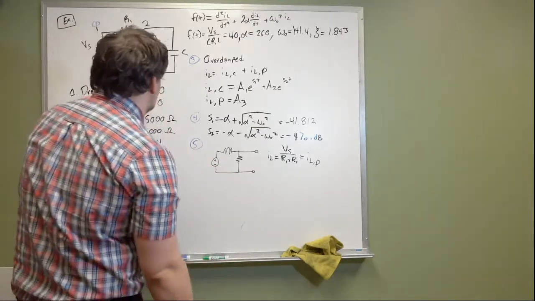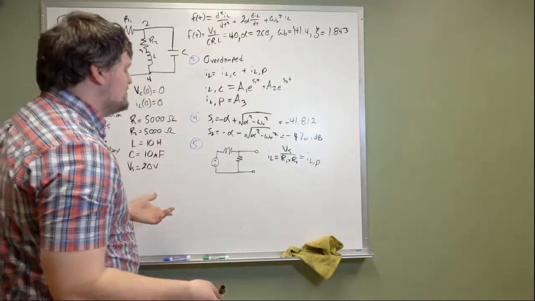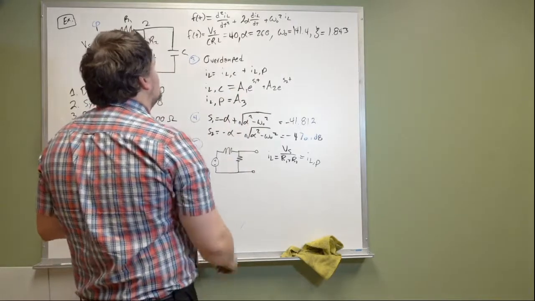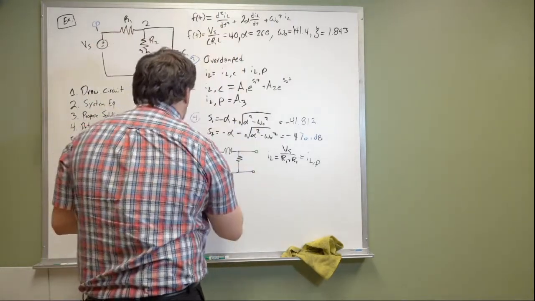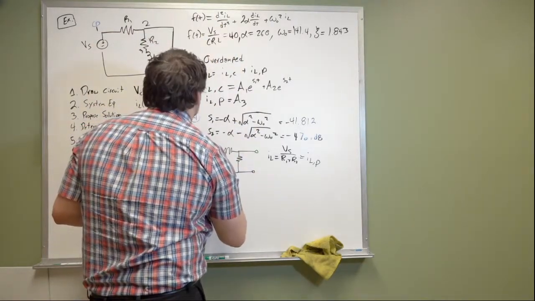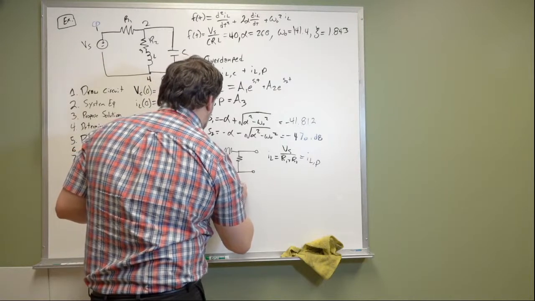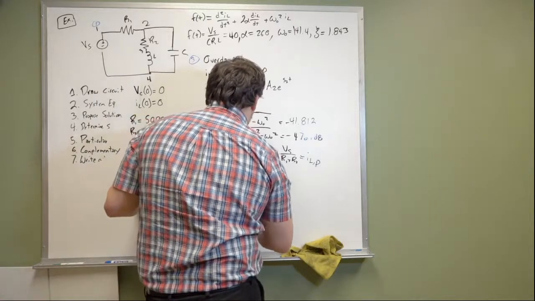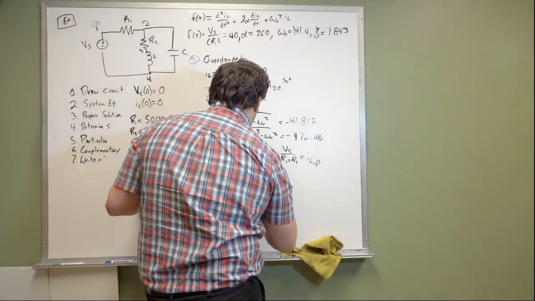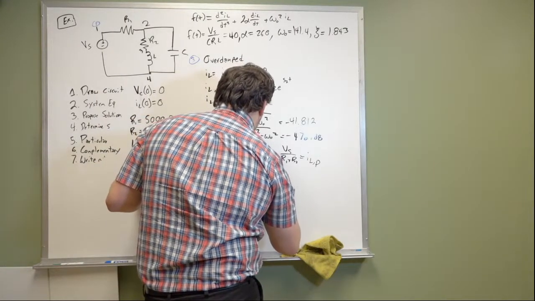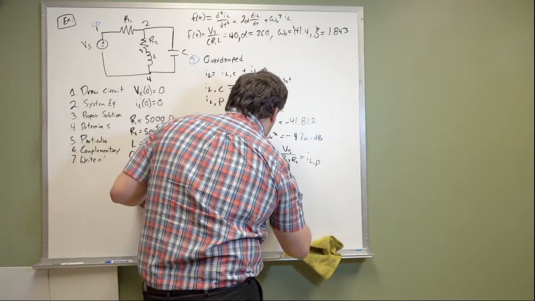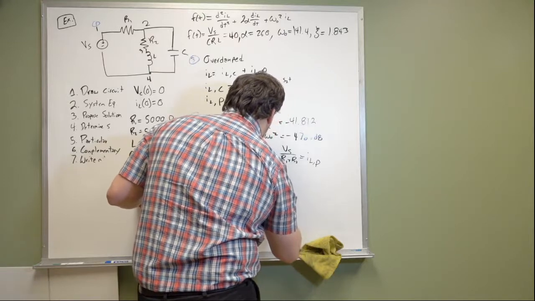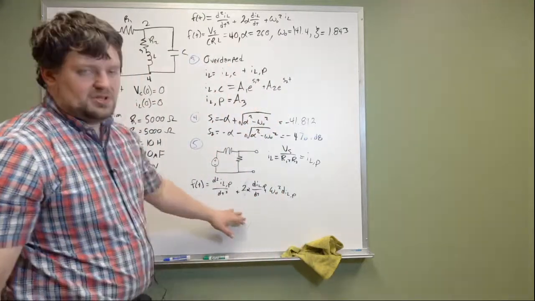If I were to do this mathematically, I take my original system equation, f of t is equal to d squared ILP over dt squared plus 2 alpha dILP over dt plus omega naught squared ILP. Then we plug in the particular solution.